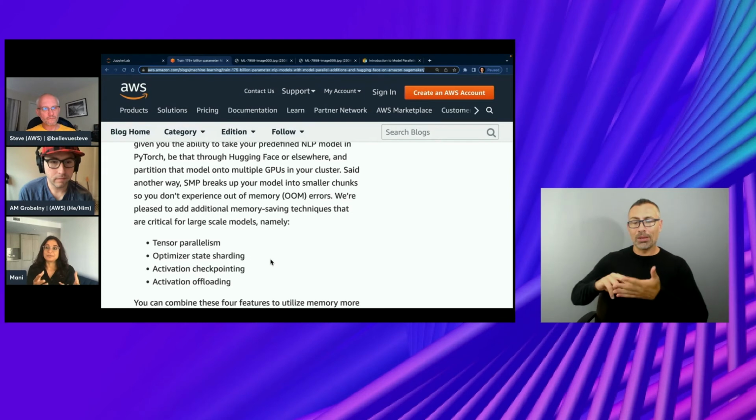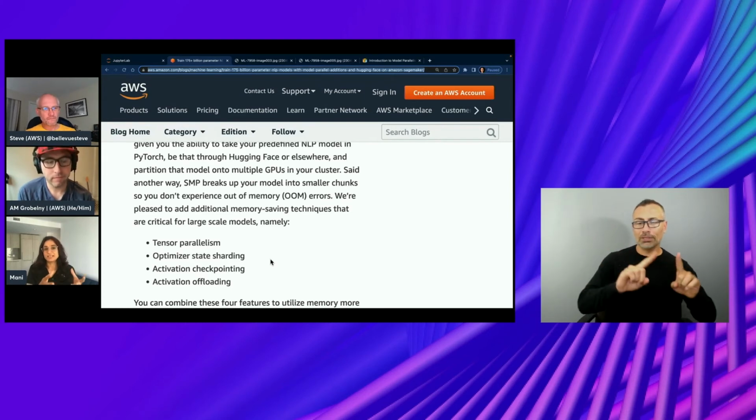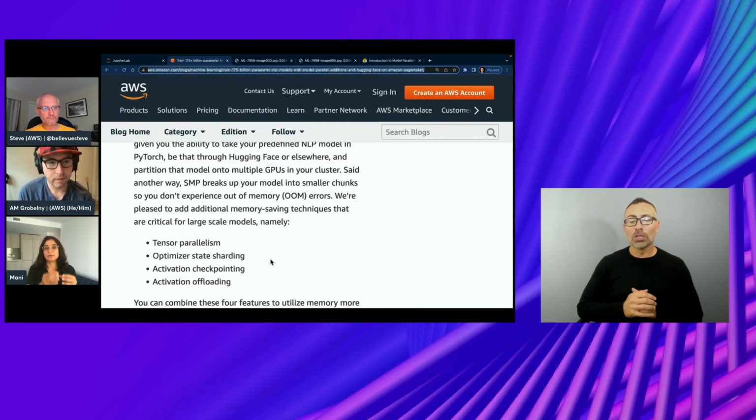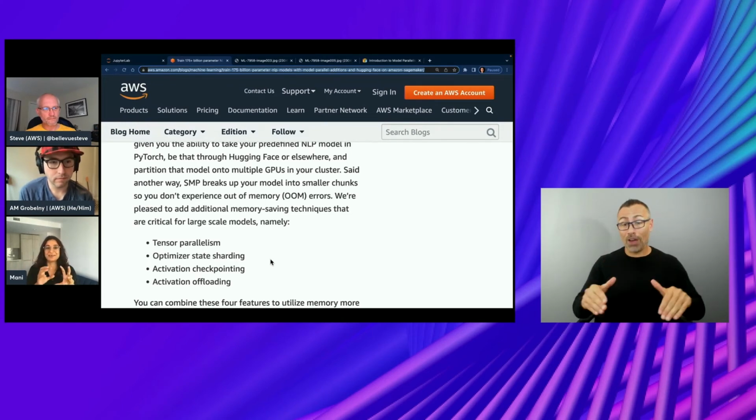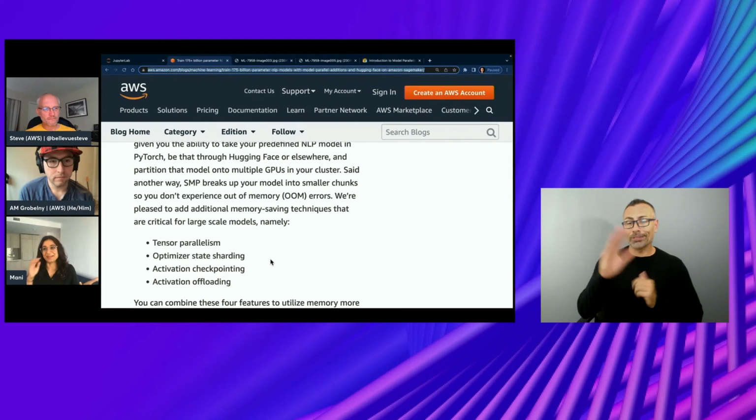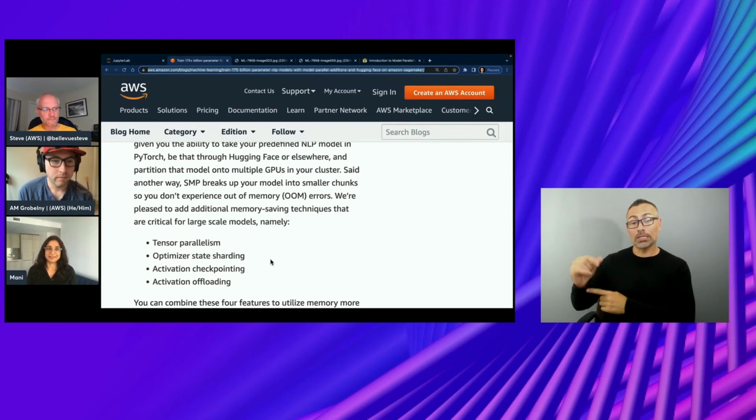into different GPUs. So with SageMaker model parallel, you're dividing the model. You also have to divide your data as well, because your data can also be big. So there are two aspects. One is the model parallel degree that we have talked about, and then there is the data parallelism degree. We also call it DDP.